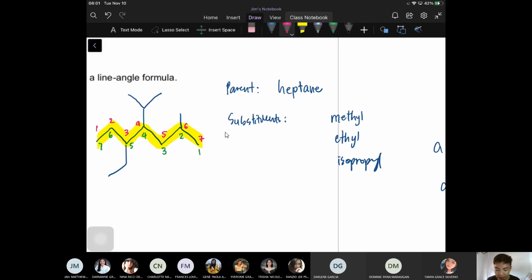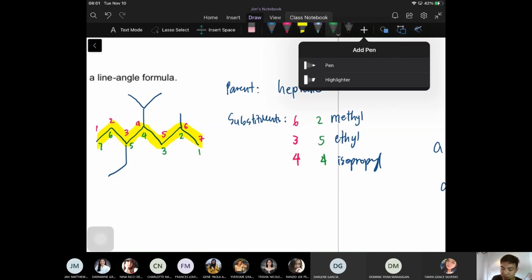Depending on the way you number your carbon atoms, no? Okay, so if that's left to right, your methyl will have a locant of 6, ang ethyl ay 3, ang isopropyl ay 4. Kapag yan ay right to left, ang methyl mo ay magiging 2, ang ethyl ay magiging 5, ang isopropyl ay magiging 4.